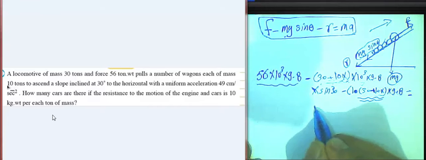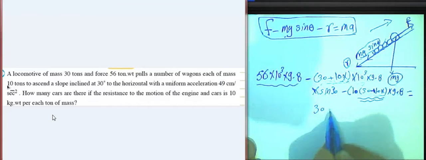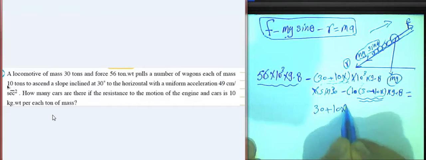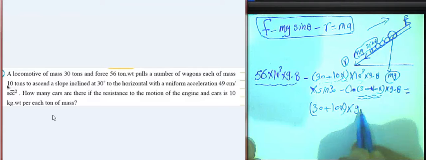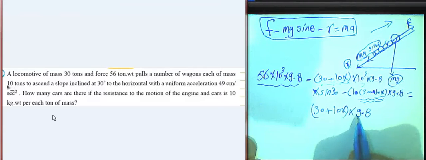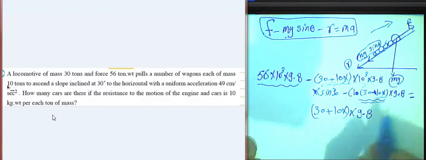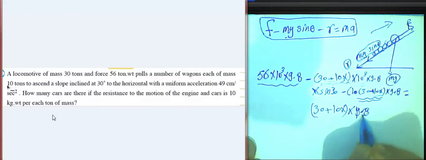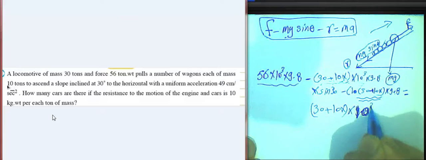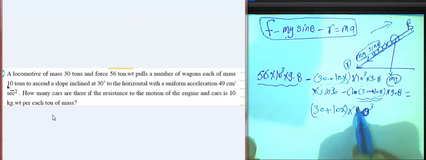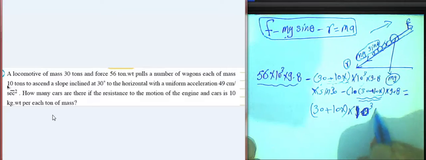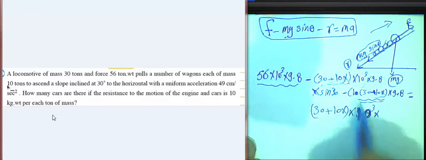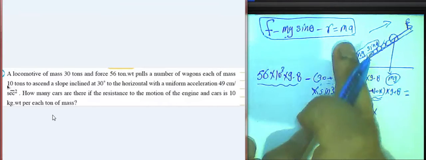We can write m was 30 plus 10x multiply by 9.8 to convert 10 power 3 to convert to Newton, multiply by acceleration. He gave us the acceleration. Again we have m.